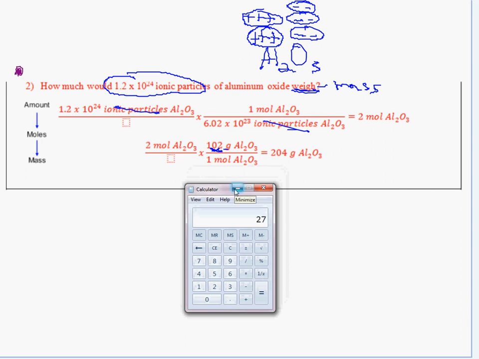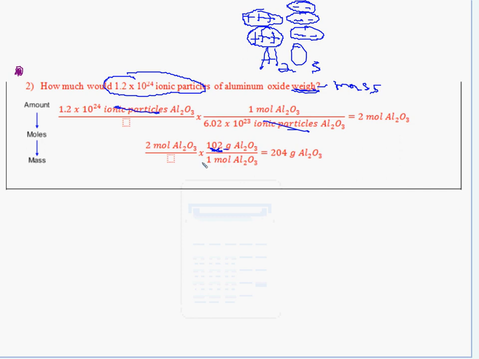Aluminum's 27 times 2 is 54. Then oxygen is 16 times 3, 48, plus 54 is 102. So there you go, 204 grams aluminum oxide.